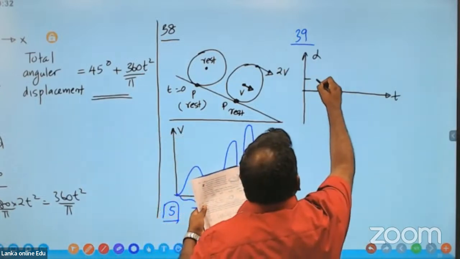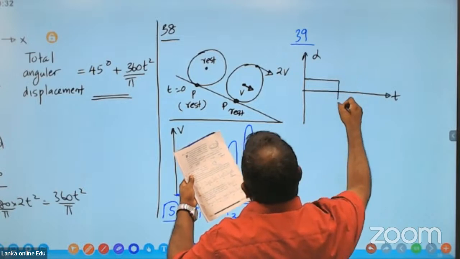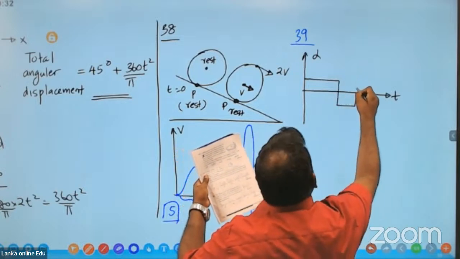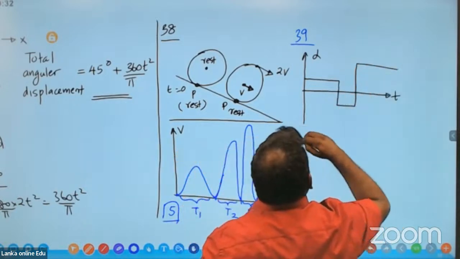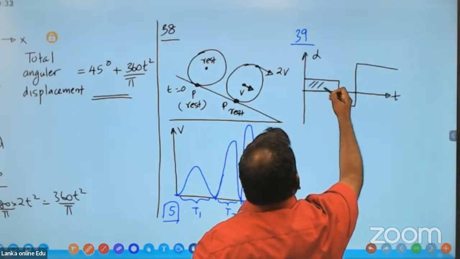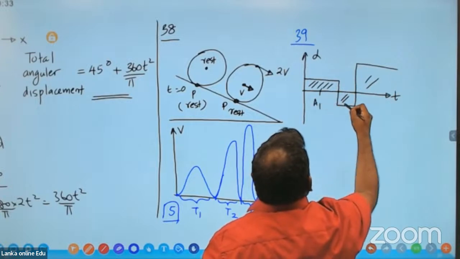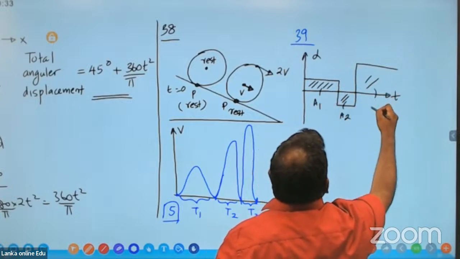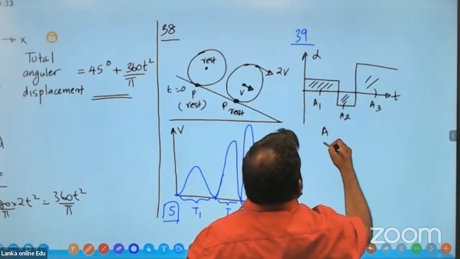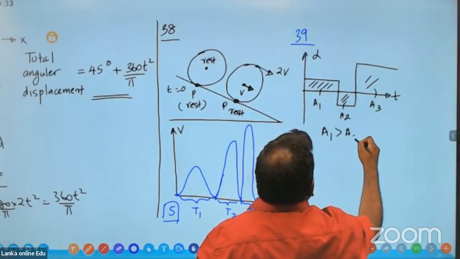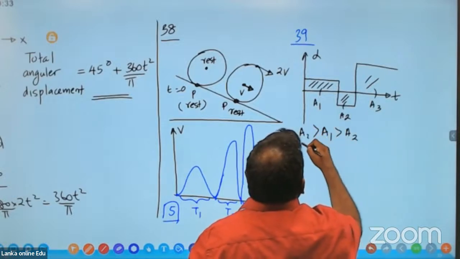They've given you larger, then smaller, then even larger. I name these areas A1, A2, A3. A1 is bigger than A2, but A3 is bigger than everybody else.